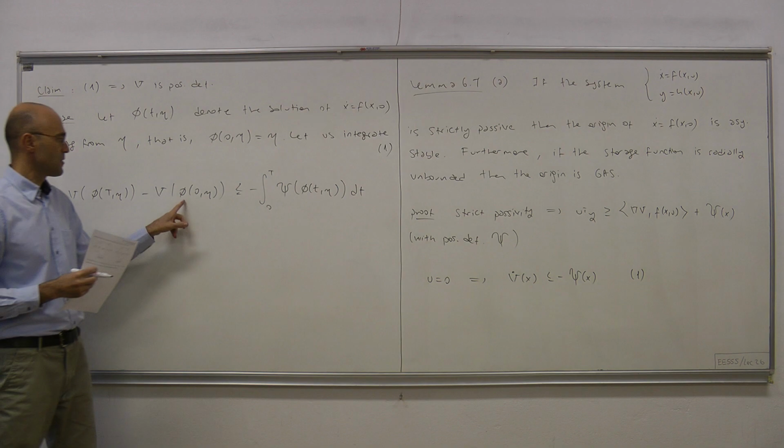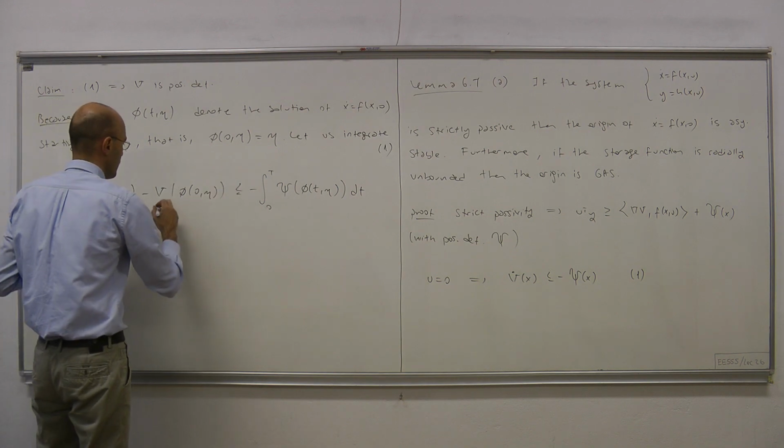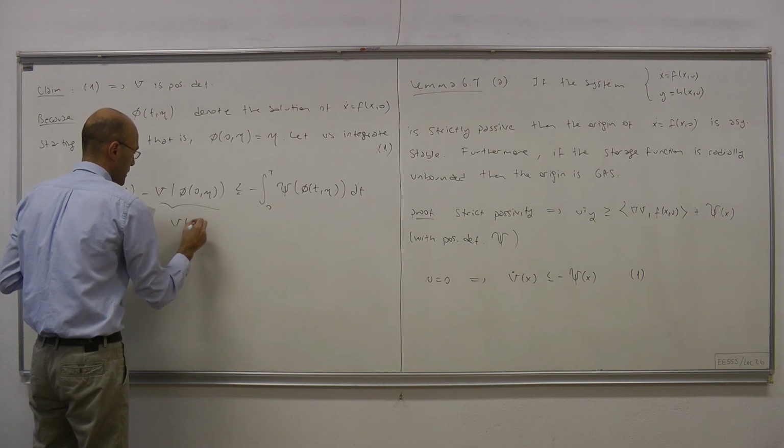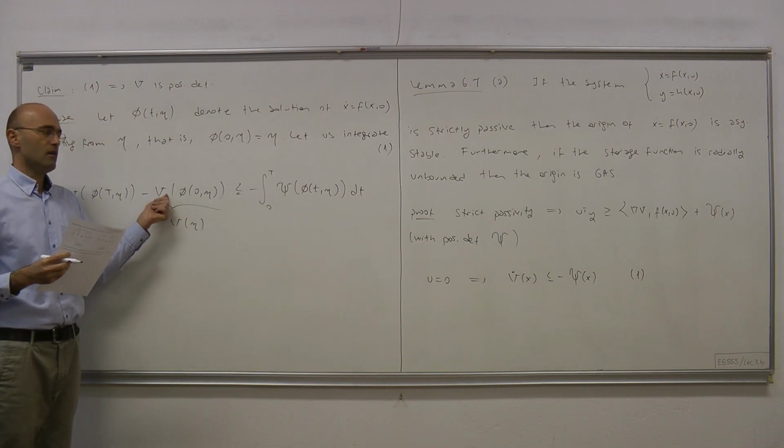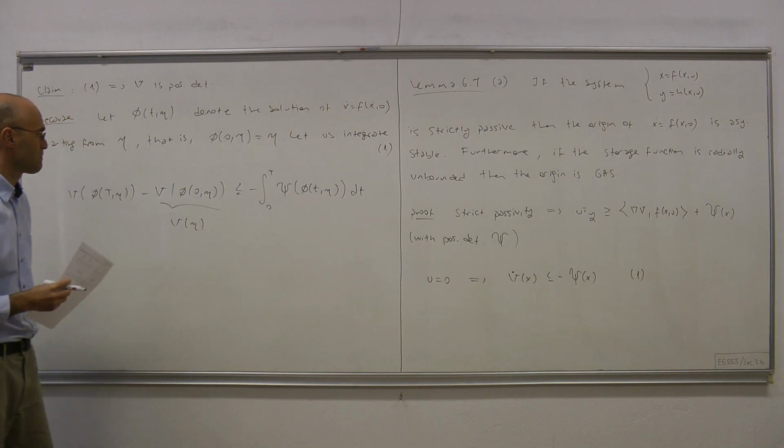Now since phi(0, eta) is just the initial condition eta, we can simply write this expression in shorthand form, V of eta.